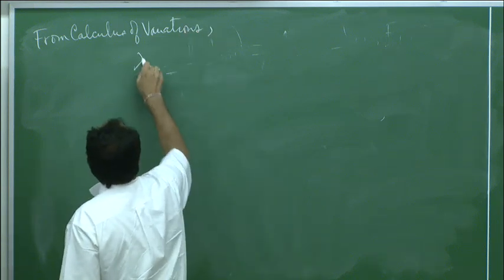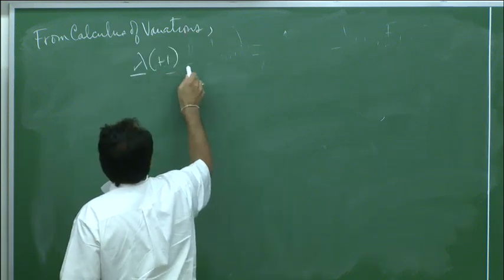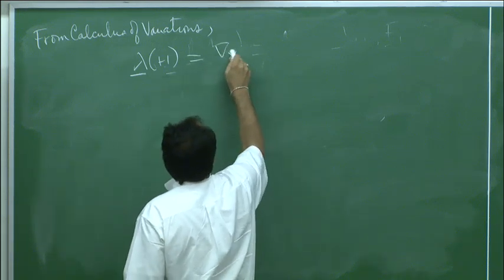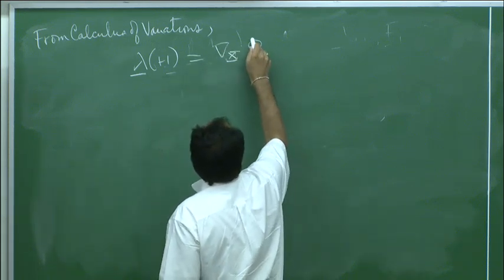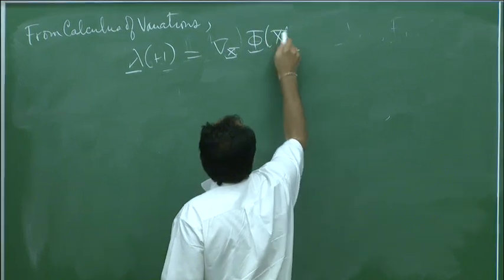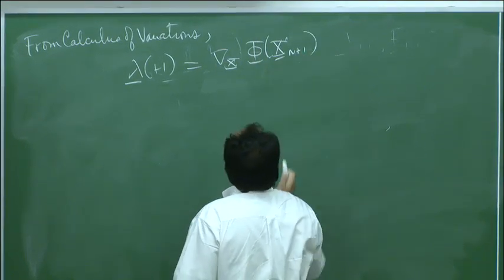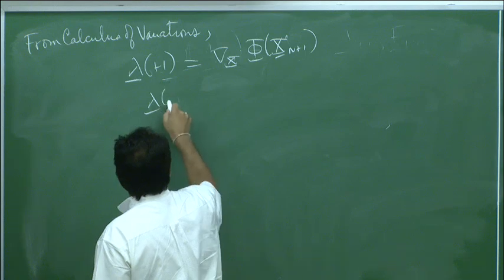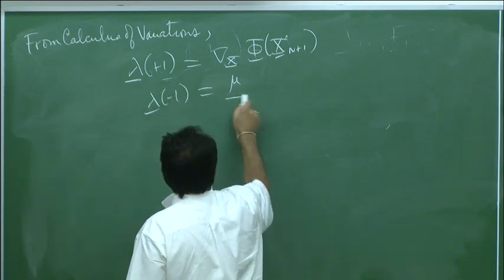we would get the following thing. We would get that lambda of plus 1 is equal to the gradient with respect to x of phi of x n plus 1. We'd also get lambda at minus 1 is equal to mu.